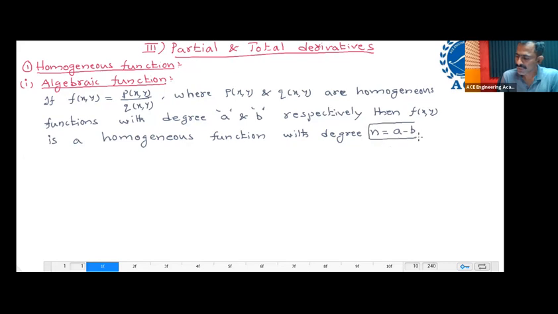That is, numerator function degree minus denominator function degree, in x and y, because it is a function in terms of x and y.